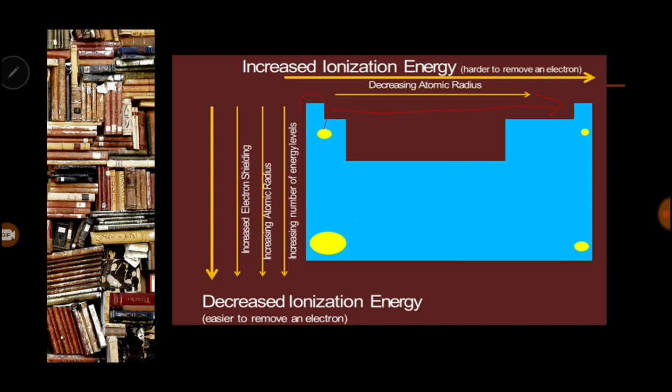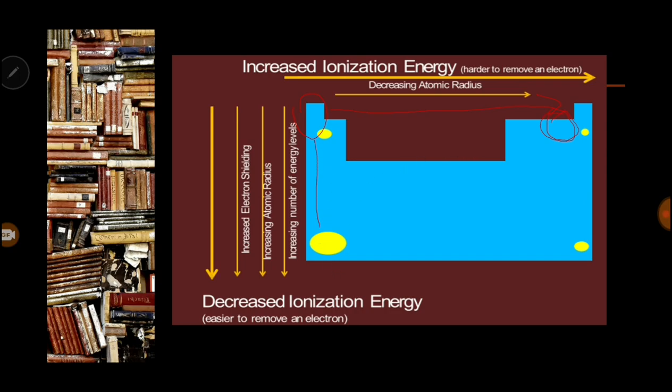Let's say this one is sodium. Sodium will easily lose the electron, so less energy is required to remove one electron compared to group 17. Group 17 makes it harder to remove the electron due to the increasing number of valence electrons.